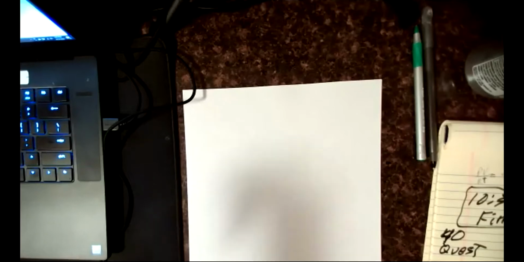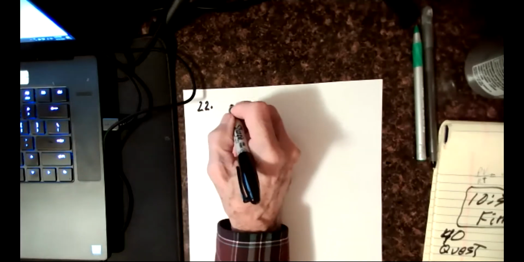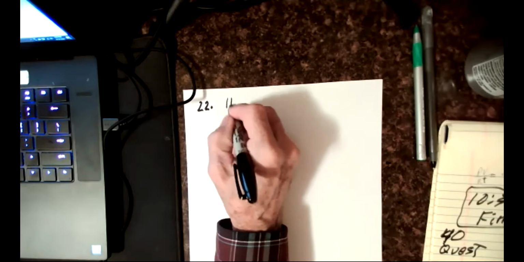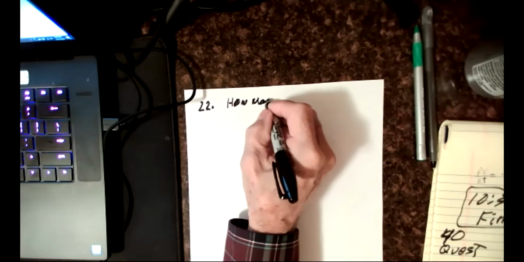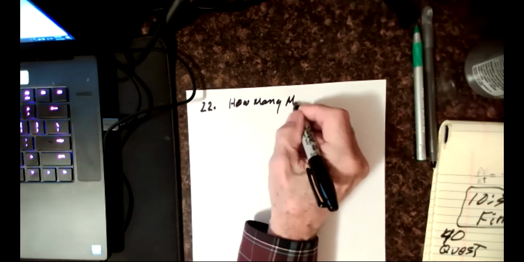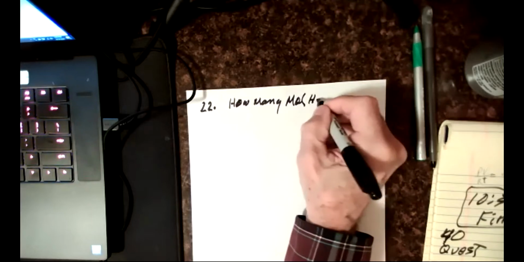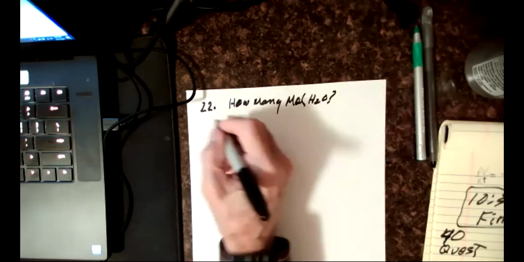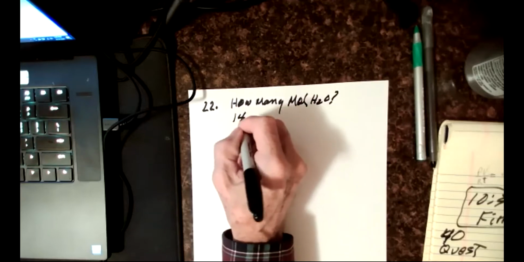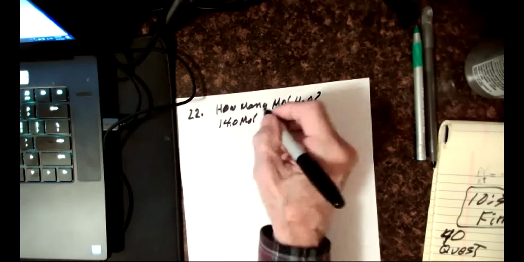Now, number 22, I was about to miss it. It's how many moles of water can be produced from 14 moles of C3H8.